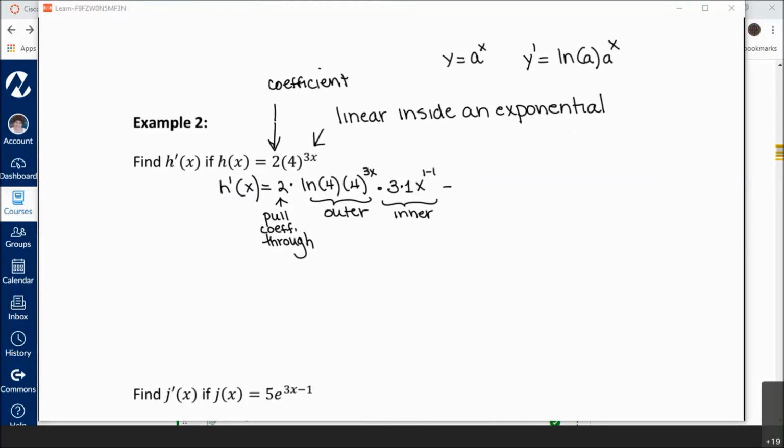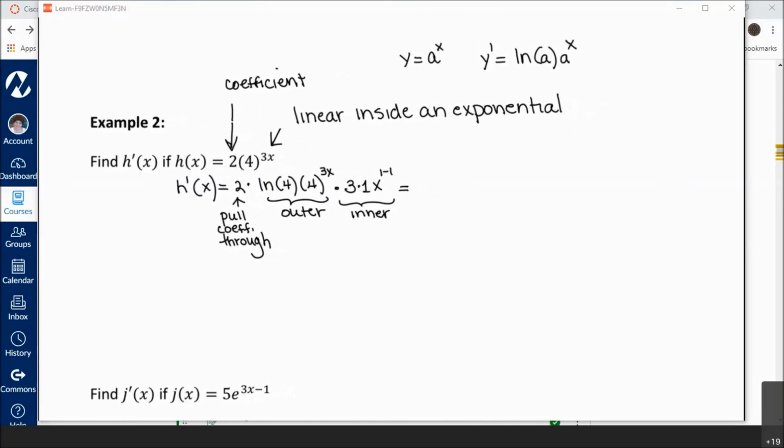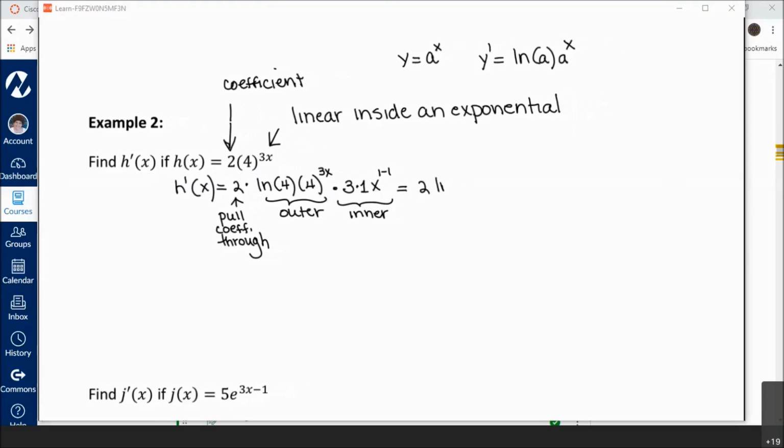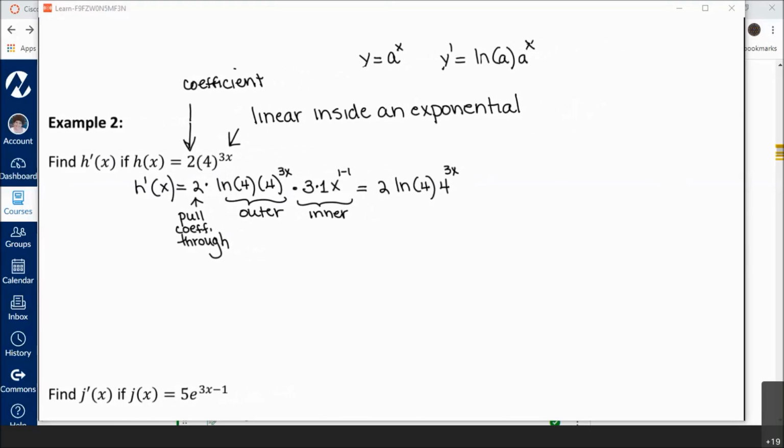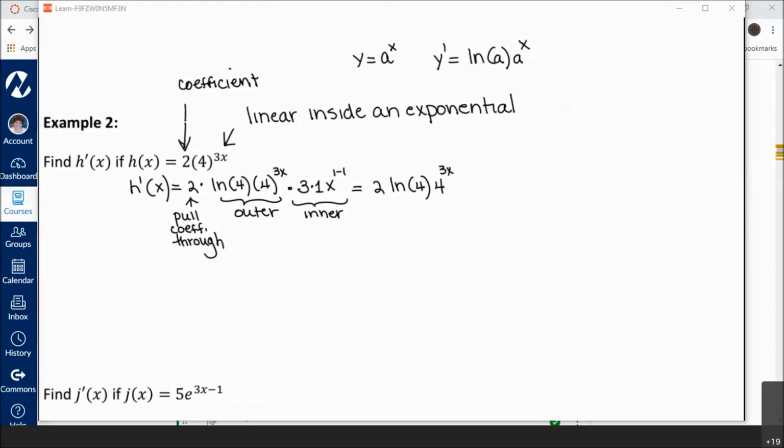I can't do anything with 2 ln 4 to the 3x, and technically I don't need parentheses there. But I can simplify the derivative of the inner function. 3 times 1 is 3, and x to the 0 is 1, so this becomes a 1.